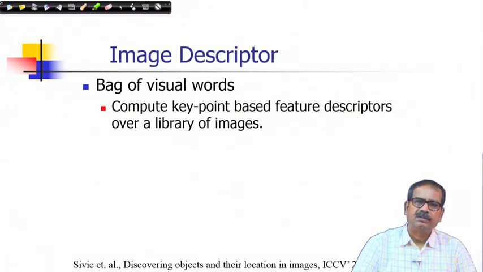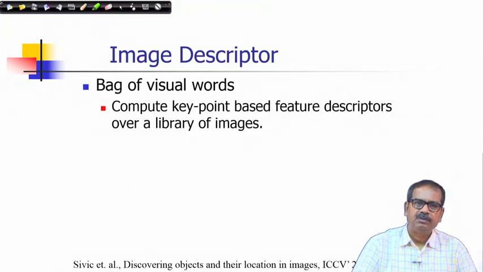And then around these locations, once again you derive a descriptor which also should have the property of transformational invariance. But the problem here is that you get so many varieties of descriptors that there would be a large number of descriptors, and it is very difficult to represent an image with so much variation.